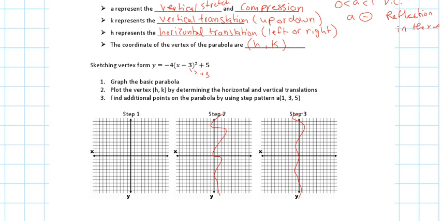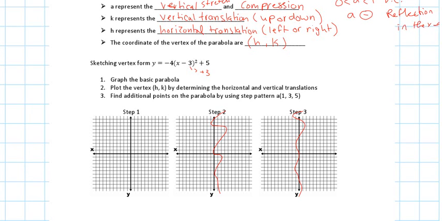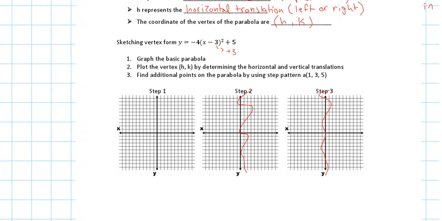So if I want to graph this, the first thing I have to look at is my vertex. What's the vertex? 3, 5, that's right. Remember that H and K represent your vertex, so your vertex is 3, 5.